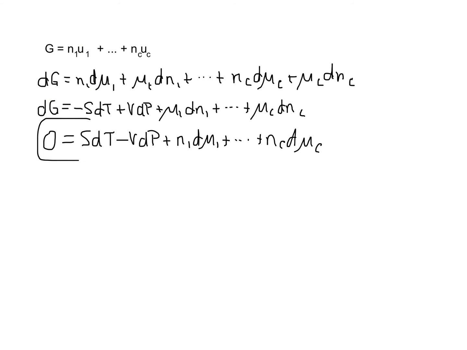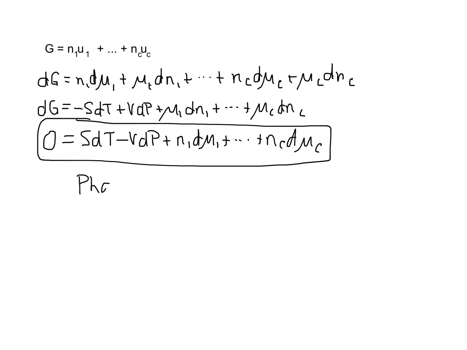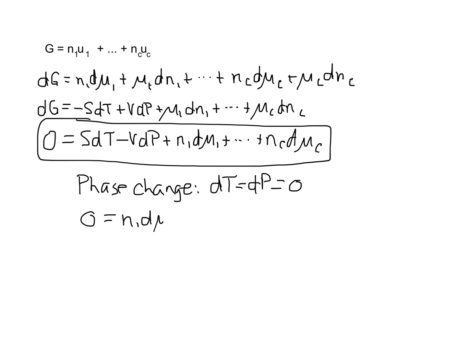This equation is called the Gibbs-Duhem equation and gives us the link between the chemical potentials of each of the components in the system. Notice that for something like a phase change, where we have constant temperature and pressure, so that dT and dP are both equal to 0, 0 has to be equal to N1 dmu1 plus, and so on, plus N_C dmu_C.